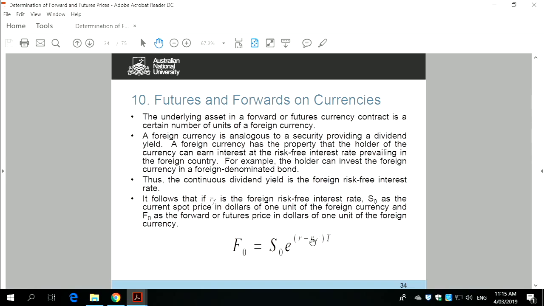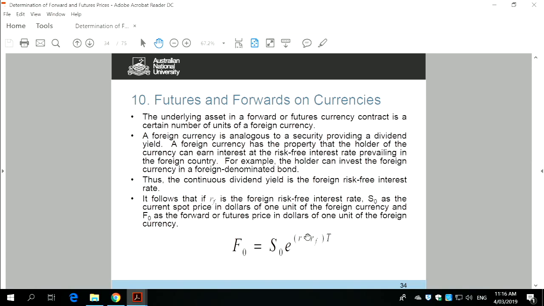And you can think about that US interest revenue in the same way as the dividend yield, right? So the IF here is the foreign risk-free rate. That foreign risk-free rate reduces your cost of borrowing in a domestic currency. So that's why it's the domestic risk-free rate minus the foreign risk-free rate, right?